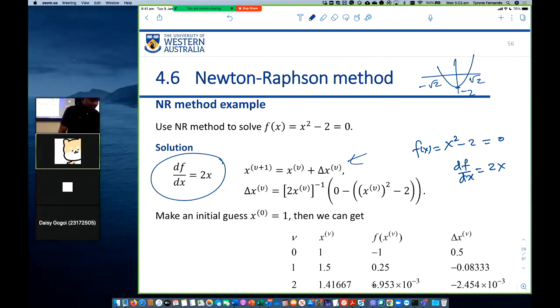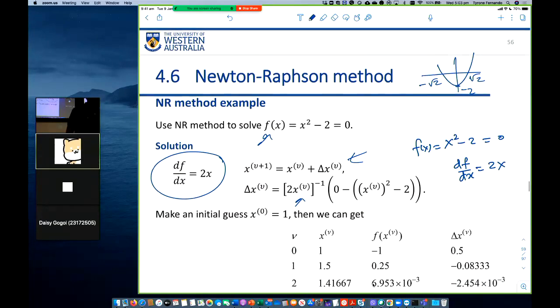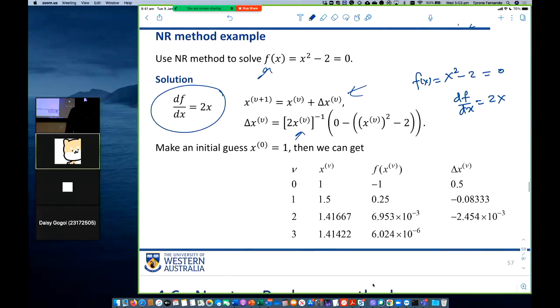What is delta x? Delta x is the Jacobian inverse times the negative of epsilon. In other words, I evaluate f with my current guess, and that's epsilon.